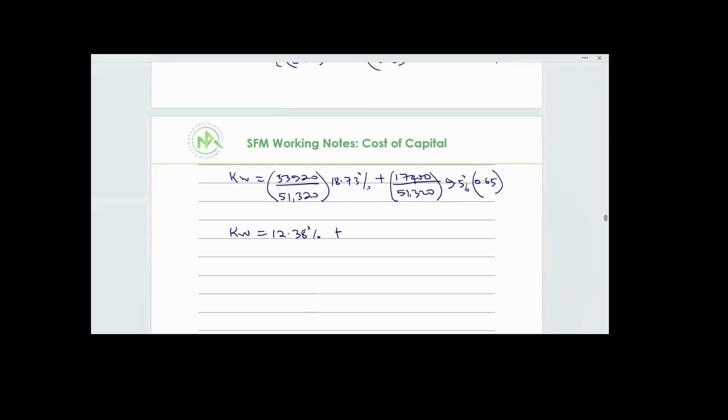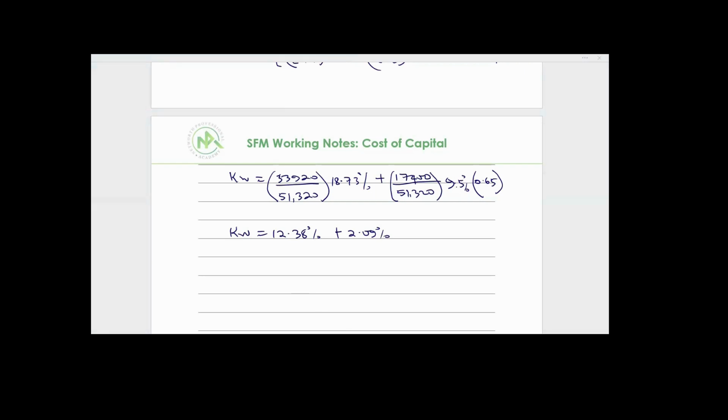Plus 17,400 divided by 51,320, multiplied by 9.5, multiplied by 0.65, equals 2.09%. So add it up together.